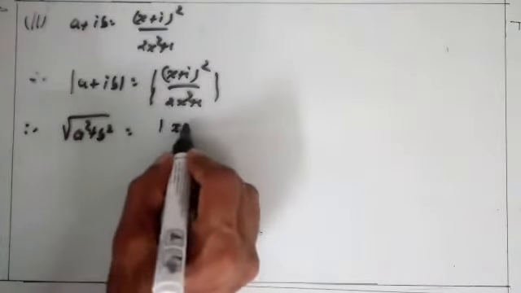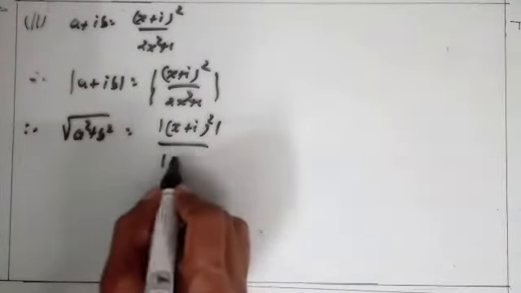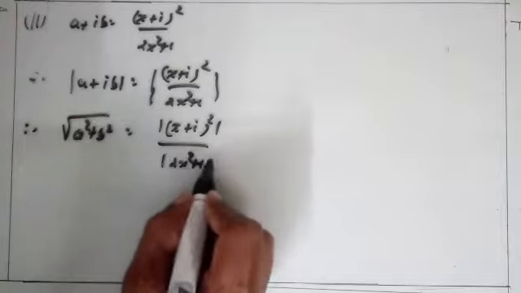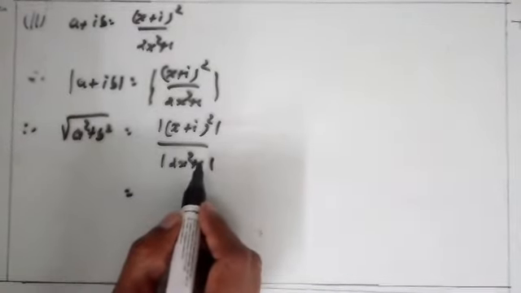Mod of (x + i)² upon mod of (2x² + 1). And this is a constant part and always positive.